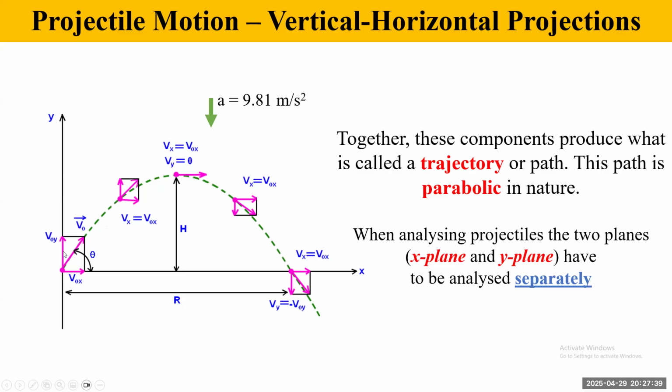So if you look, it starts out with Vox, let's say it has this one. So its X component, the Vx, will not change right along. If you look, see it here, don't change, don't change, don't change, right? But this vertical one is changing as it moves along. When it reaches right up at the extreme top, remember it becomes 0 instantaneously.